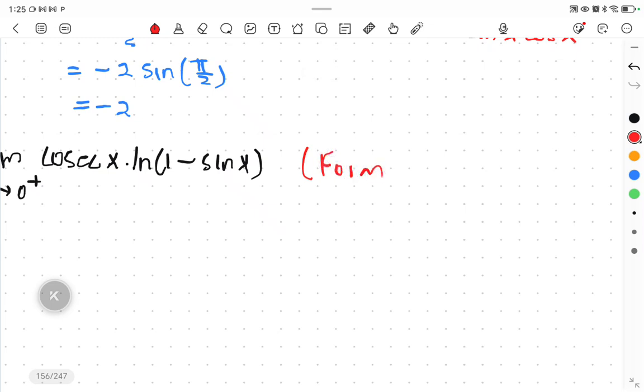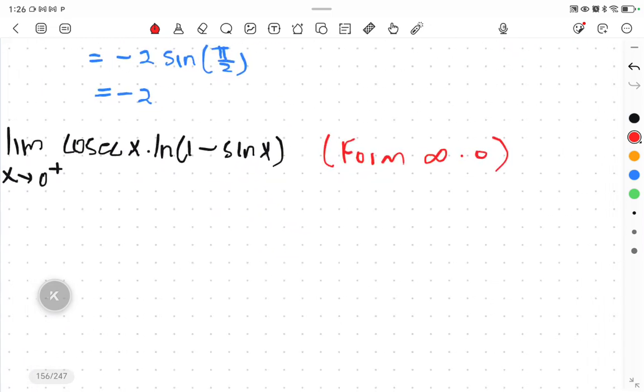When I check cosec of 0, we know that cosec is 1 over sine. So when I check cosec of 0, I get infinity. So this is infinity times 0. The moment you get the form of infinity times 0, or 0 times infinity, or infinity times infinity, or anything that is not 0 over 0 or infinity over infinity, it tells you must do something.